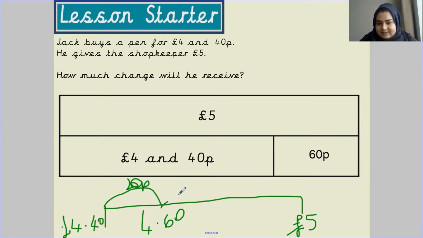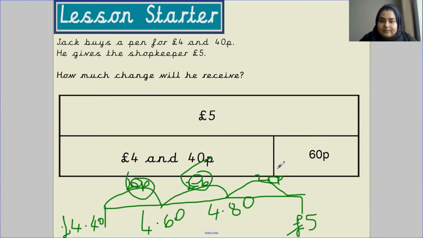Now £4.60 add 20p equals £4.80. Now £4.80 add 20p gives me £5. So that is 20, 40, 60, which I have here.